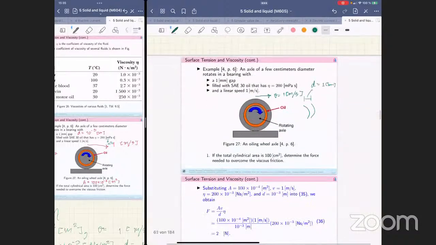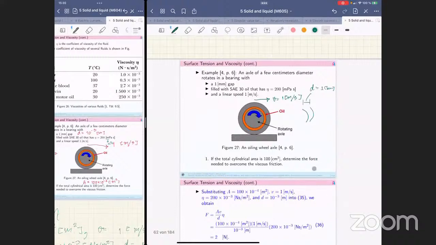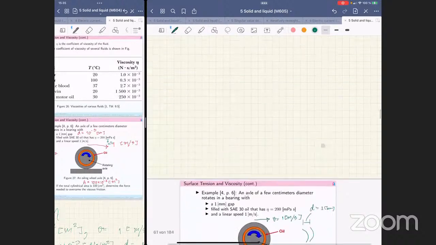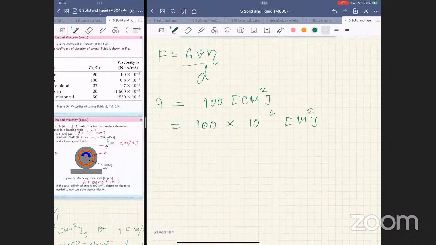And what else? Determine the force needed to overcome the viscous friction. So what is F in this scenario? Anyway, we have to know everything, right? Velocity is 1 meter per second.